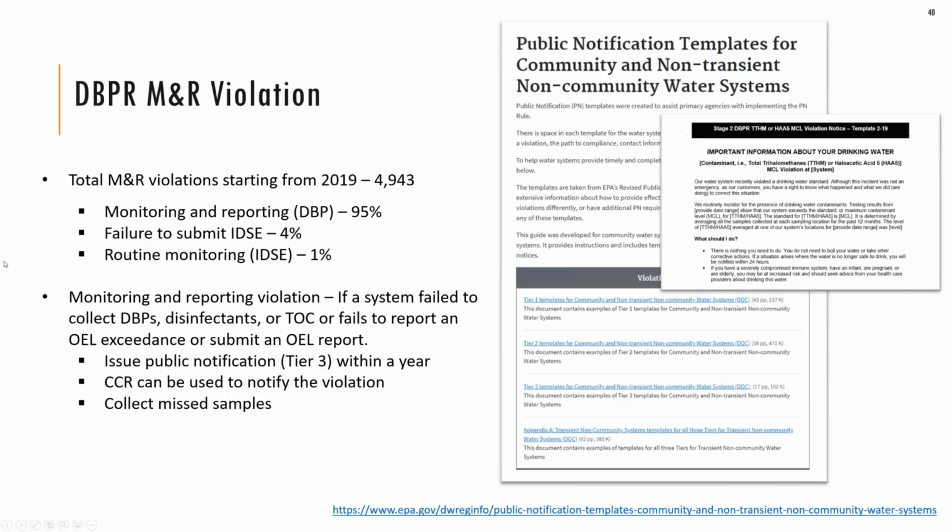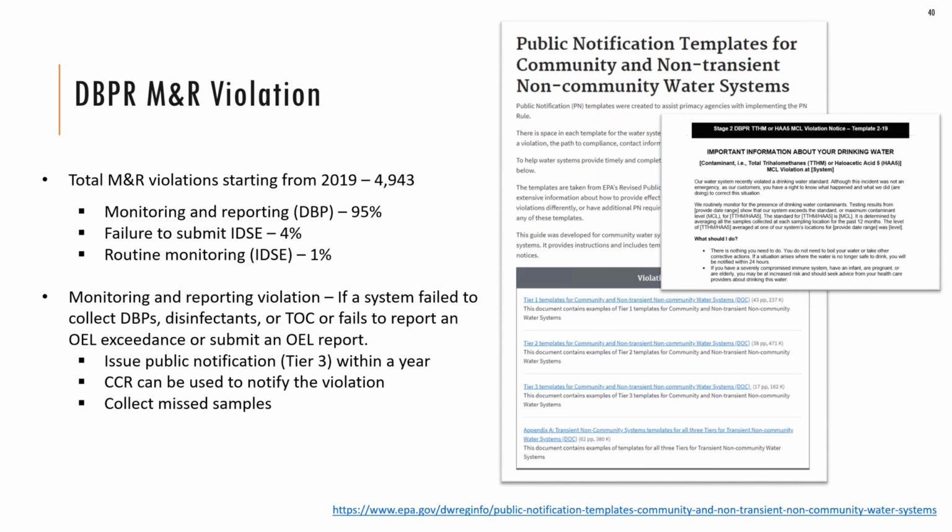Now, data from the analysis of the 2019 violation data show that there were close to 5,000 monitoring and reporting violations from 2019, with the majority resulting from failing to monitor and report DBPs. The rest of the violations were either failing to submit an IDSE or failing to complete routine monitoring required by the IDSE.